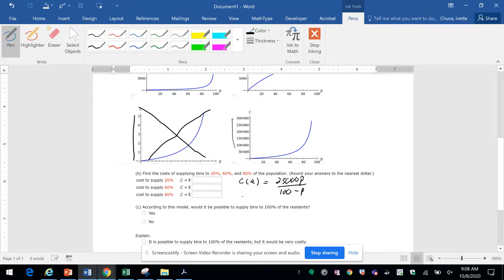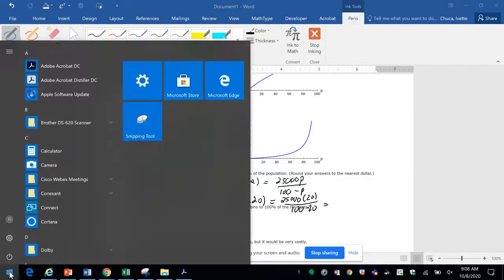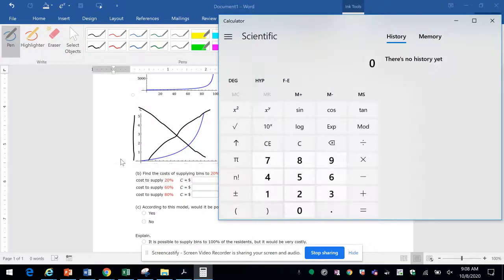So let's go ahead and figure out what c of 20 is first. So we're going to substitute 20 for p and see what we get. So I'm going to pull up the calculator on my computer.